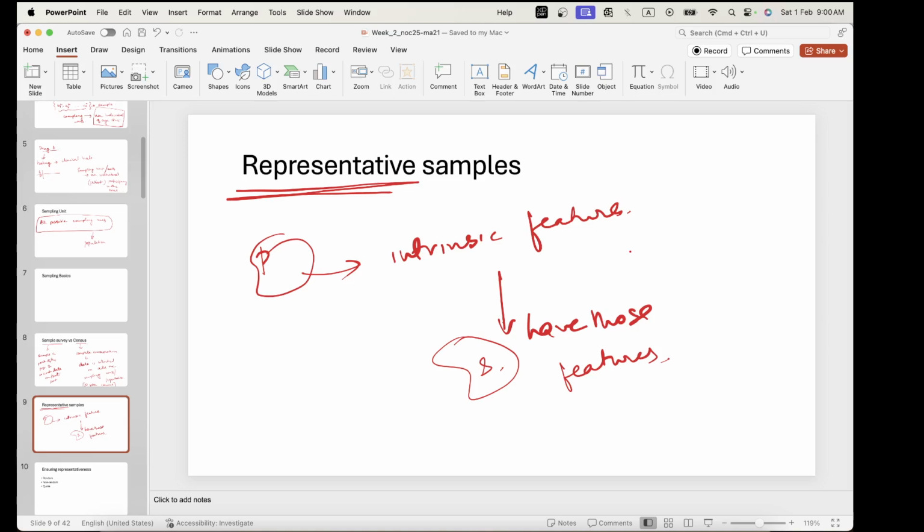Now, having said that, if I have two samples, let's say S1 and S2, where S2 provides better representation and S1 is missing out on some features, and we are aware of that, the question then becomes, which one do we do? Should we go ahead with S1 or should we go ahead with S2?